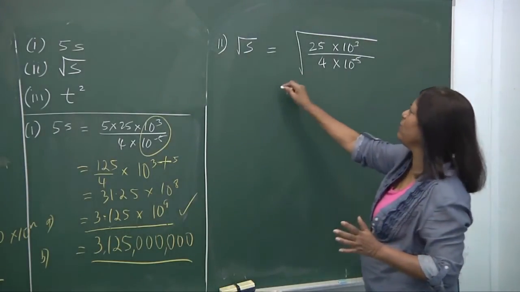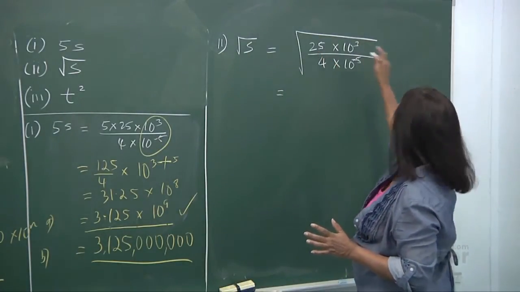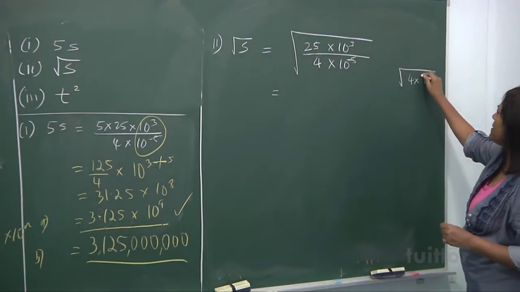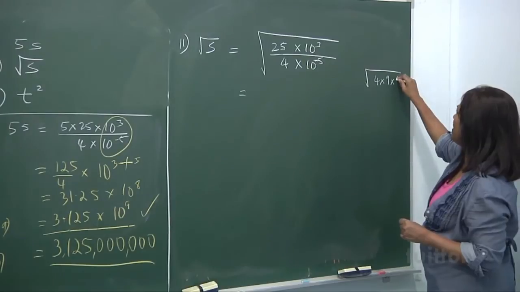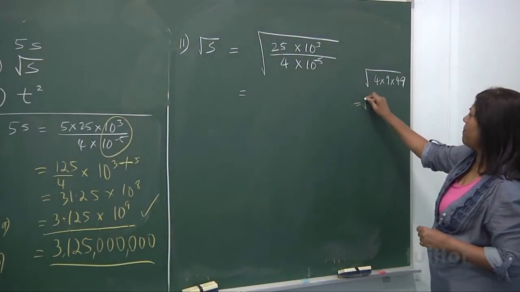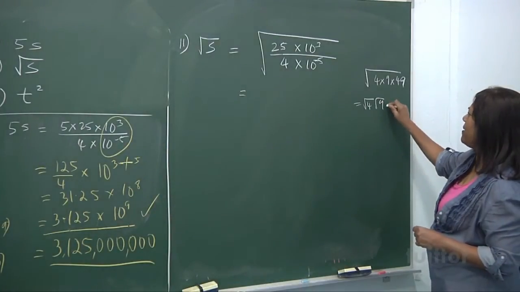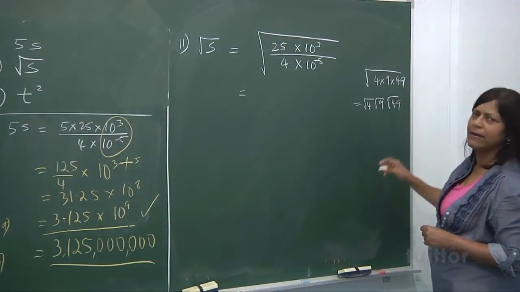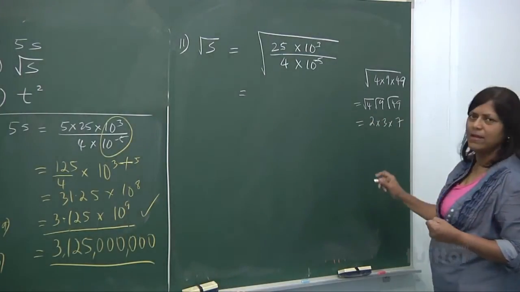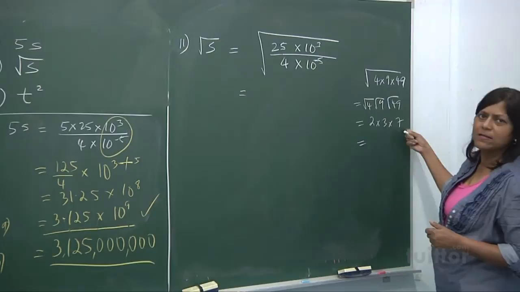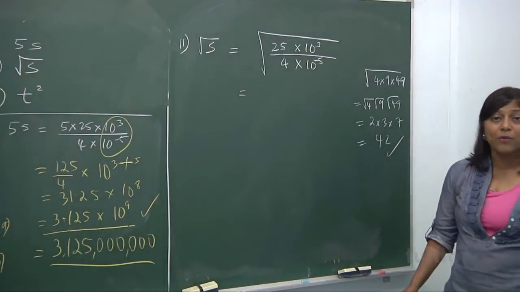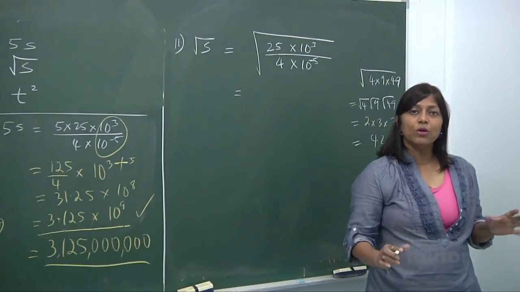When you have a square root of a product, like 4 times 9 times 49, you can break them up: square root 4, square root 9, square root 49, which is 2 times 3 times 7, and you get this wonderful answer, 6 times 7, 42. Good to know, good tips.